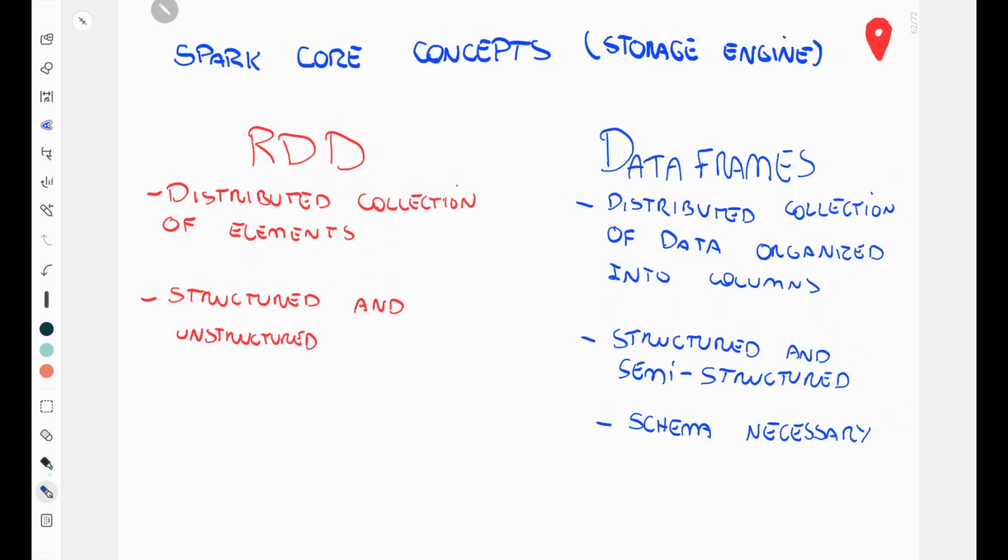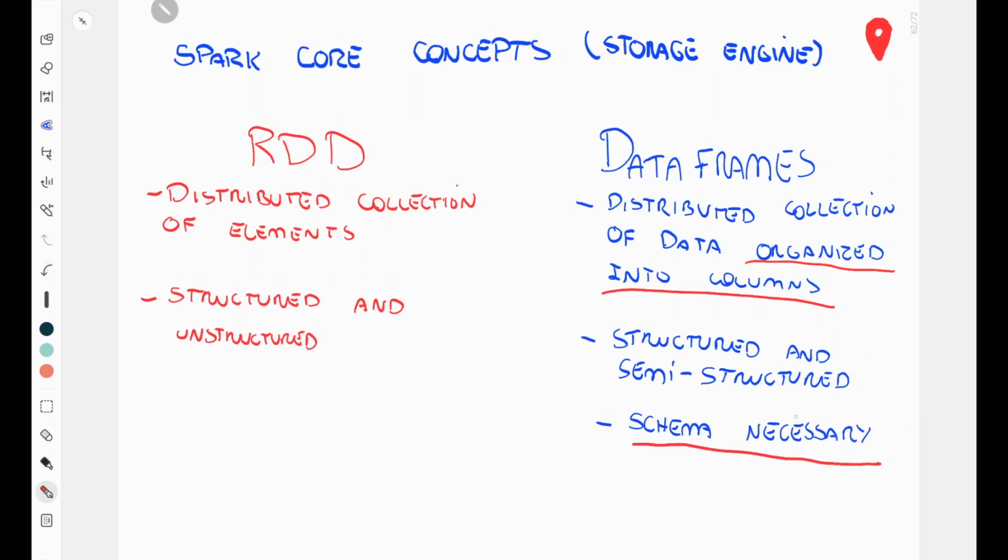So this organization into columns is the actual difference, because you then have the data concept very close to the relational database table, and you handle well structured and semi-structured data. So data frames don't handle unstructured data, not at least before being transformed. Then you can transform it into structured, and then you can handle it with data frames.